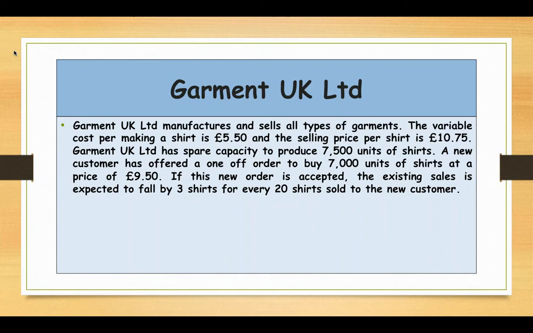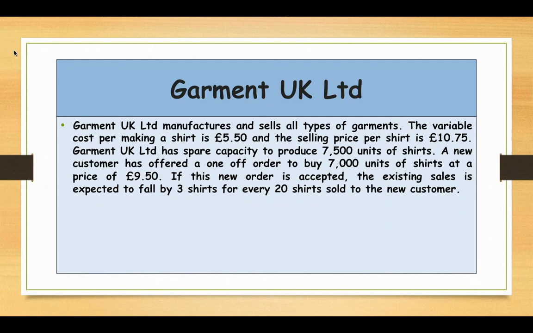Now we'll continue with the question. Garment UK Limited has spare capacity to produce 7,500 units of shirts. A new customer has offered a one-off order to buy 7,000 units of shirts at a price of £9.50. For this particular contract, Garment UK Limited would not incur any extra fixed cost because they have spare capacity.